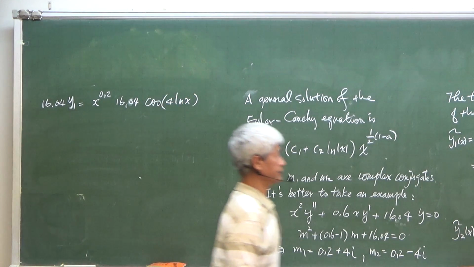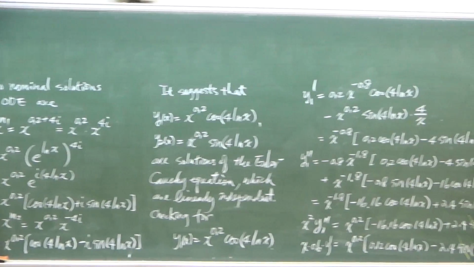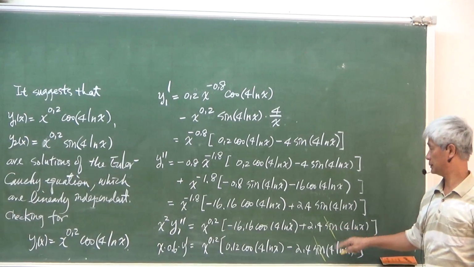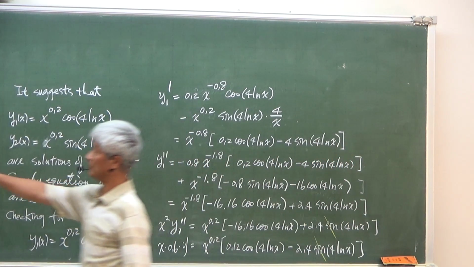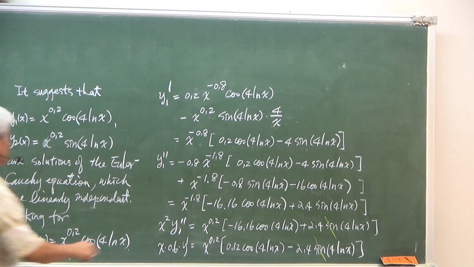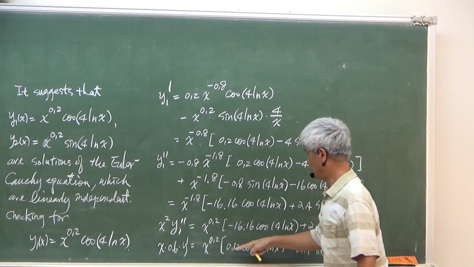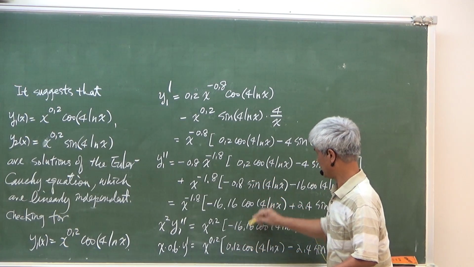Now you can see when we add them together, we find that they cancel, right? These two terms cancel because they have x to the 0.2 power as a common factor. And for here, this is 0.12 plus 0.04, so we can cancel them.